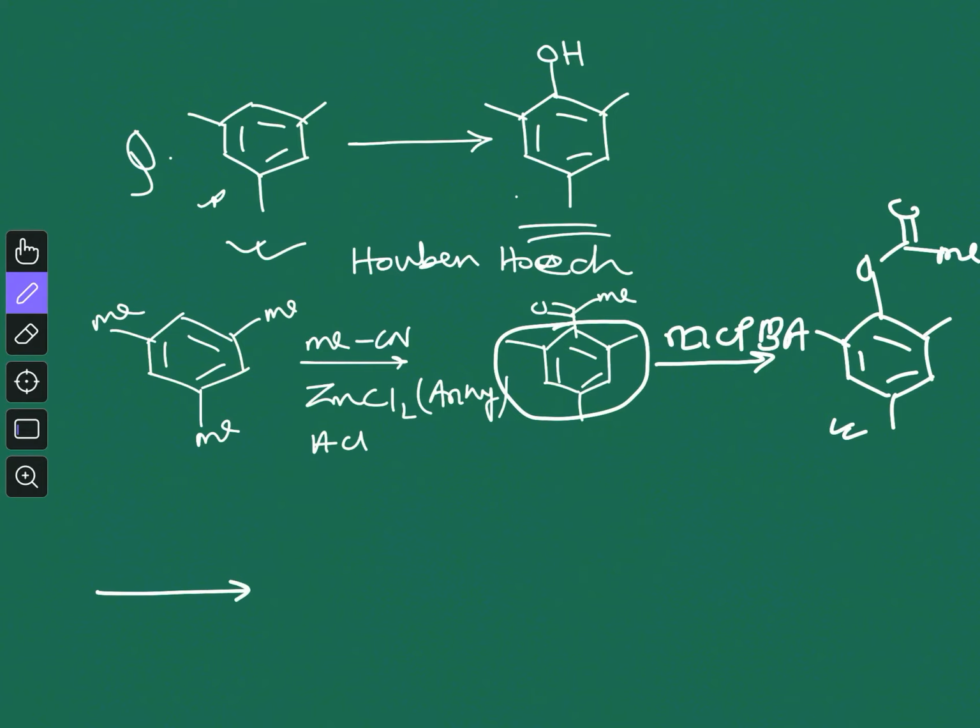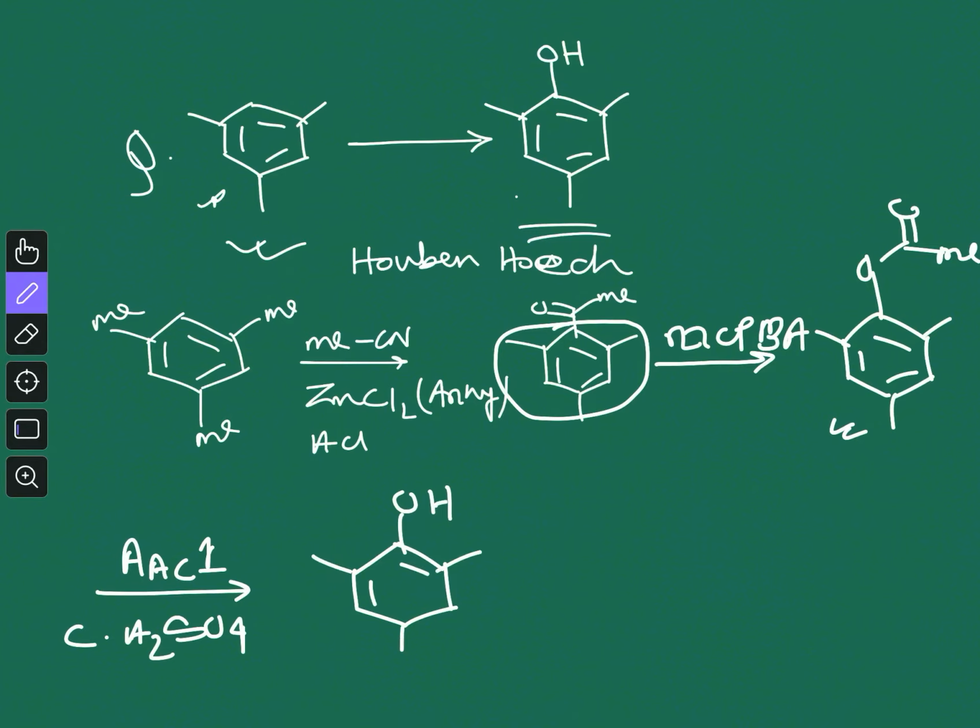The final step is very simple, the ester hydrolysis reaction, and it is the AAC1 mechanism in H2SO4. If you use strong, concentrated H2SO4, it will follow the AAC1 mechanism, and that will give the ester hydrolysis product as phenol. So this is how you can get the phenol. What happens here?